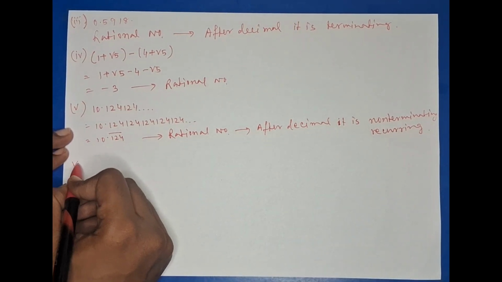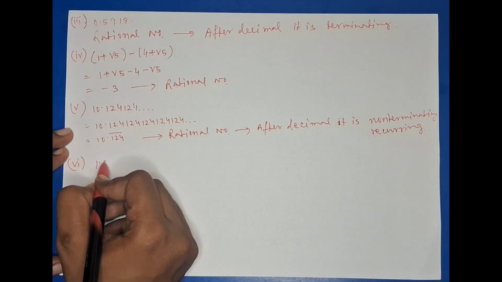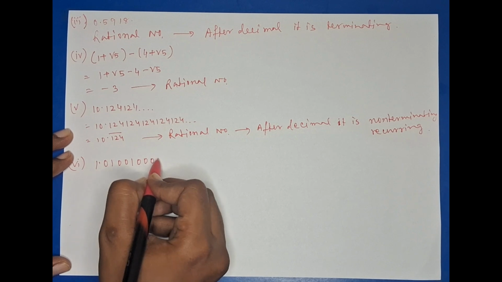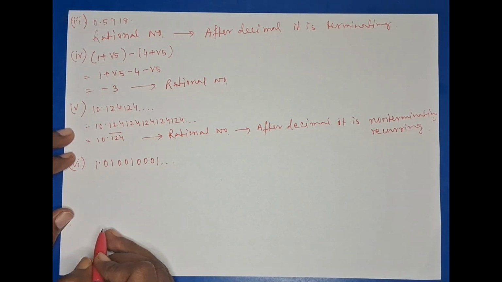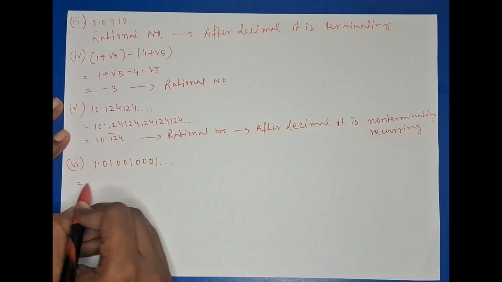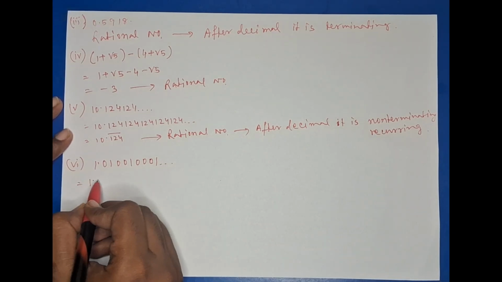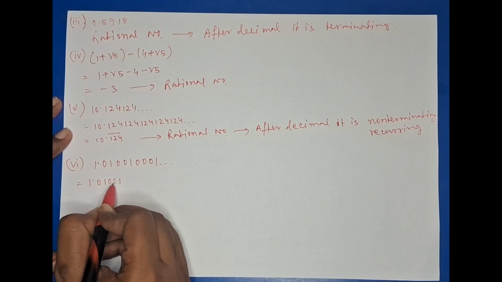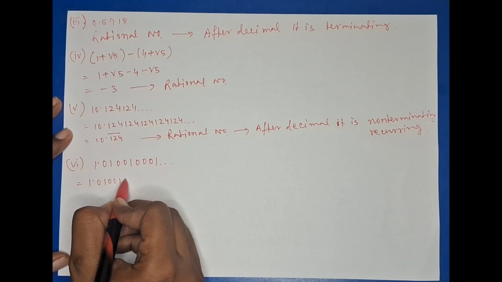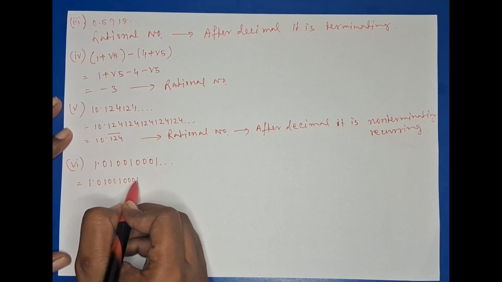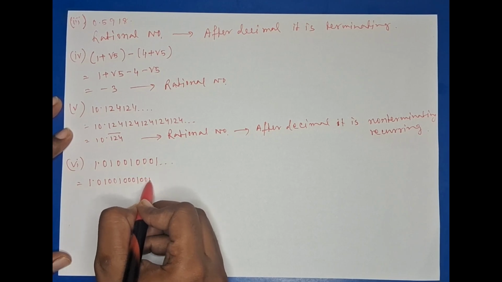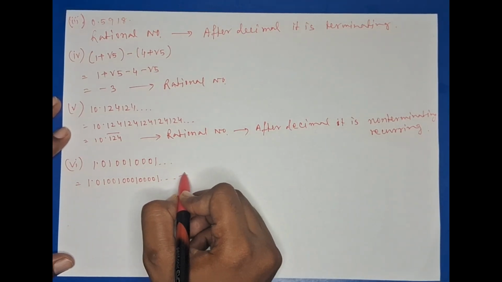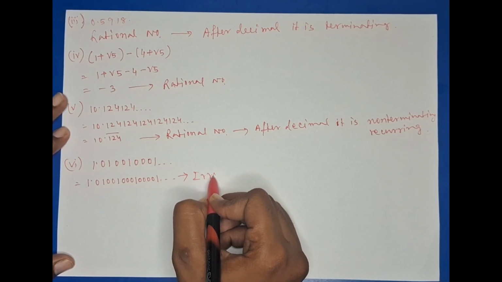And the sixth one, 1.01001001 dot dot dot. What is this? This is an irrational number. If we expand it, how does it follow? It follows 1.01001. The 0s increase, then another 0 increases, 0001. Then again, if we expand it, 4 numbers 01 dot dot dot. So it is purely an irrational number.